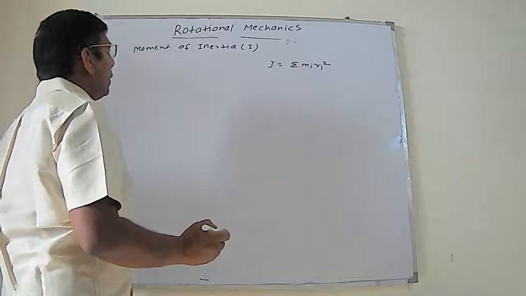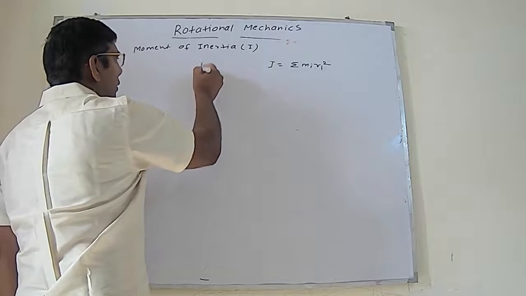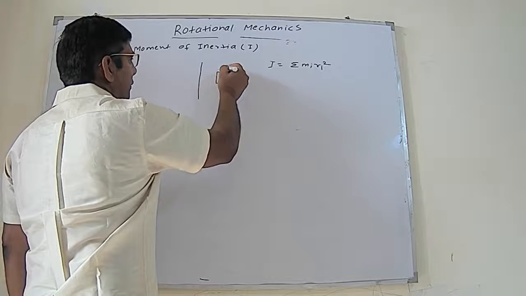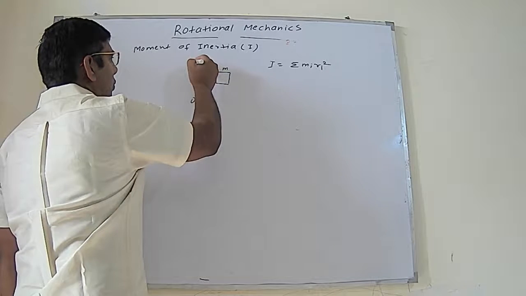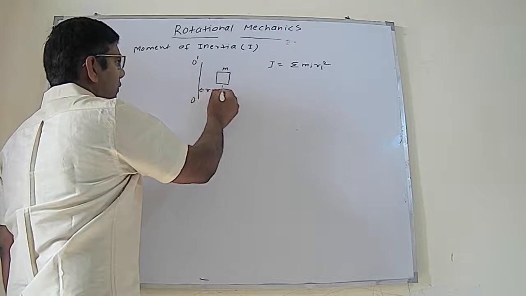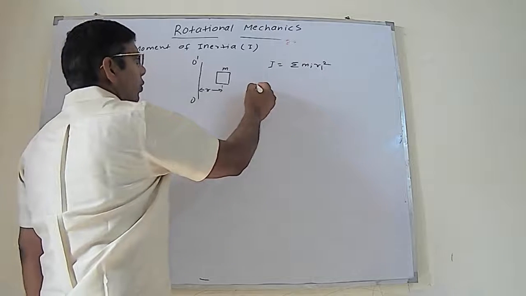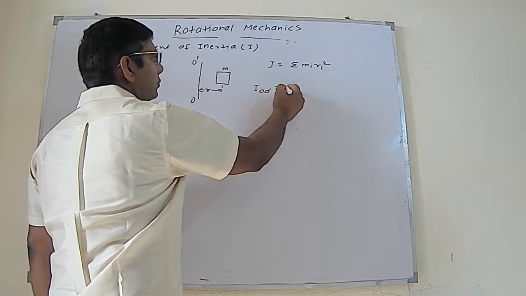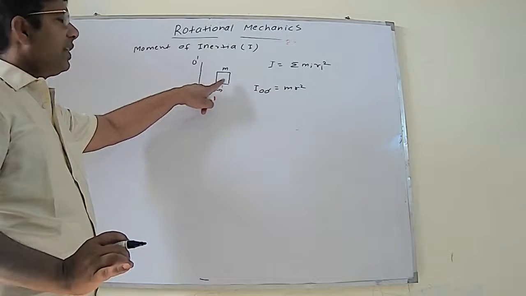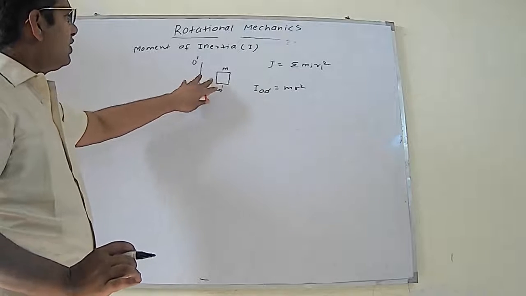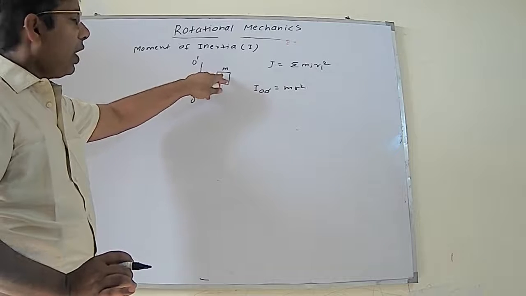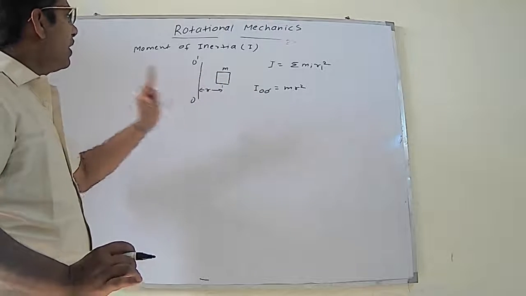Suppose the rotational axis is this one, O dash, and this is mass m at a distance of r. So I about O dash will be simply m into r square. Is it clear? So this gives us information about how mass is distributed along the rotational axis.